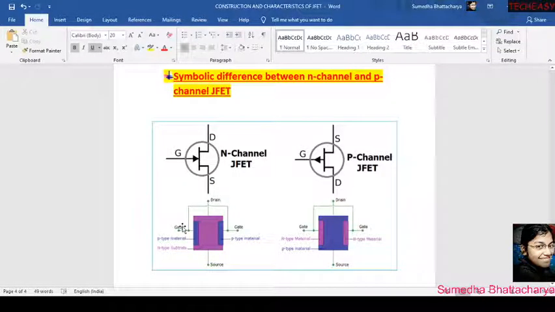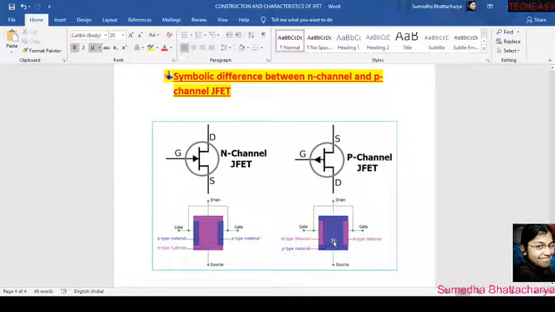So a trick you can apply at that time: in case of N channel JFET, you know that there are two P type materials, and in the middle the channel will be N channel. Same for the P channel JFET, that is vice versa. That means there will be two N type materials and there is a P channel.